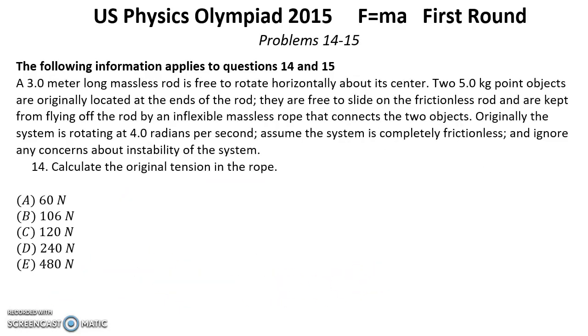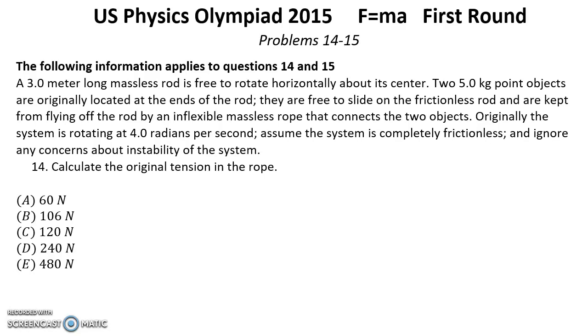Problems 14 and 15. The following information applies to questions 14 and 15. A 3 meters long massless rod is free to rotate horizontally about its center. Two 5 kg point objects are originally located at the ends of the rod.